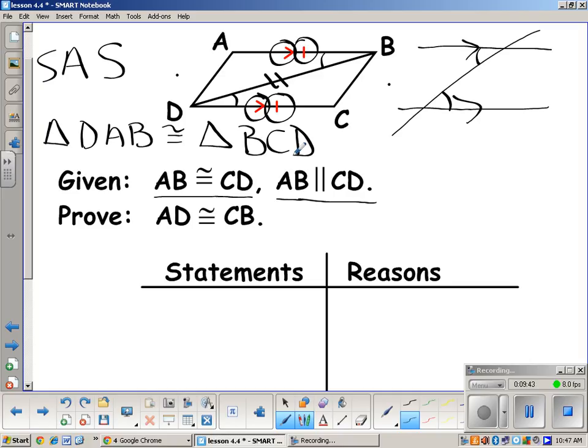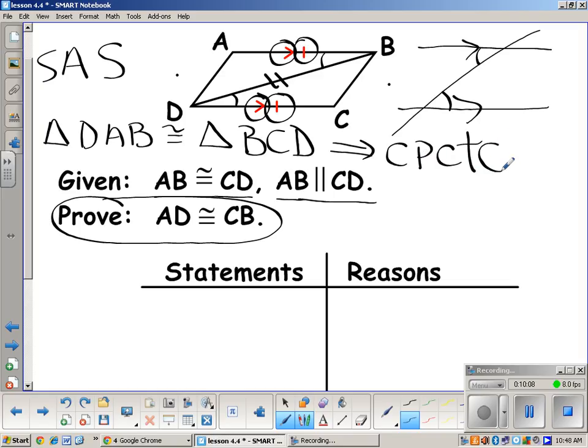So now, here's the important part. I've proven that those triangles are congruent by side, angle, side. But that's still not giving us what we've been asked to prove here. Okay? They're congruent by side angle side, but now we can say that corresponding parts of congruent triangles are congruent.